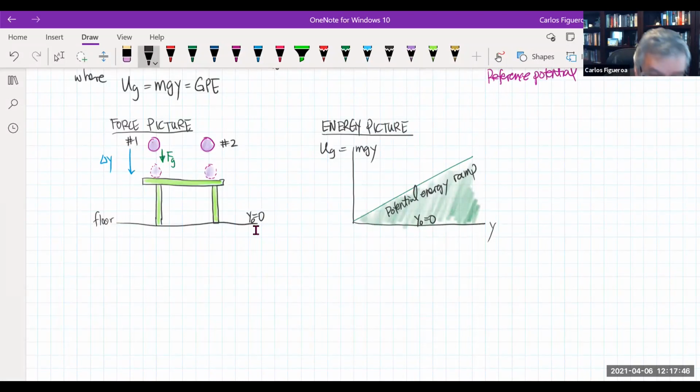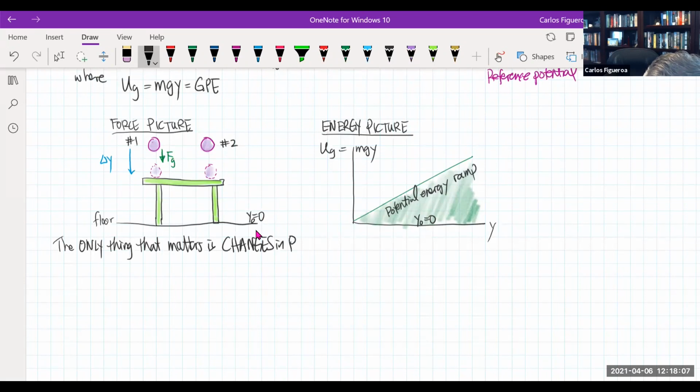Okay, so let's say this again because I have to beat this into you. The only thing that matters is changes in potential energy. So let's look at this thing.